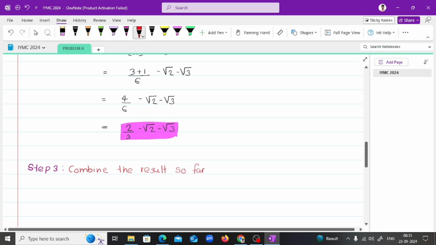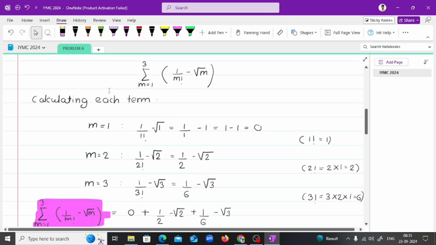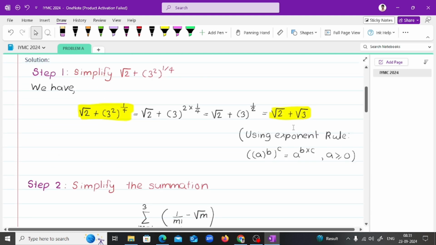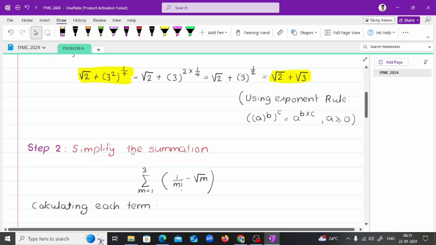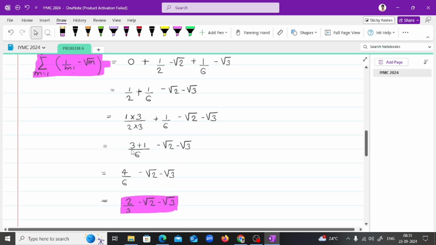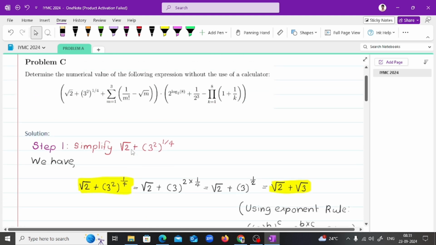We have already simplified the first two terms from the first bracket, and its value is square root of 2 plus square root of 3, and we have simplified the summation 1 upon m factorial minus square root of m, where m runs from 1 to 3, and its value is 2 upon 3 minus square root of 2 minus square root of 3. We will just add these terms together to find the value of the first bracket.